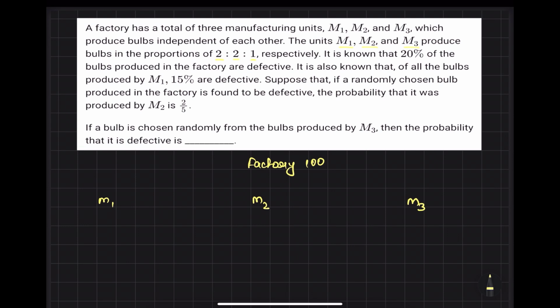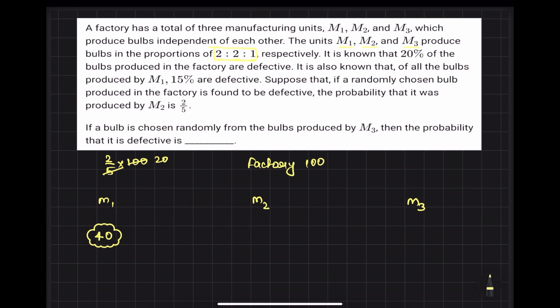So can I say that of the total, M1 is producing 2 by 5, correct? So 2 by 5 of 100 is 40 bulbs produced by M1.